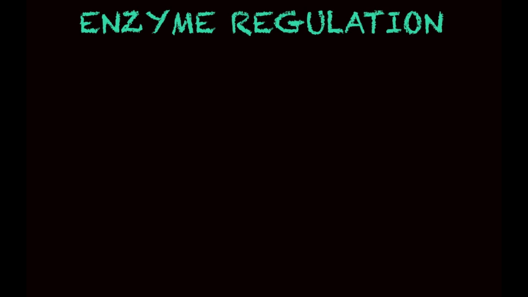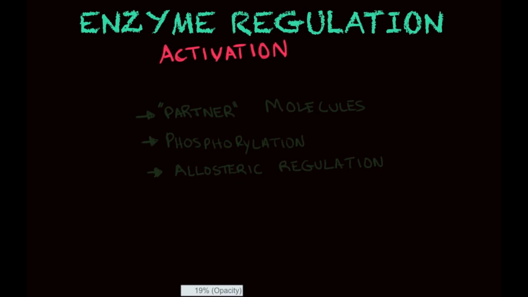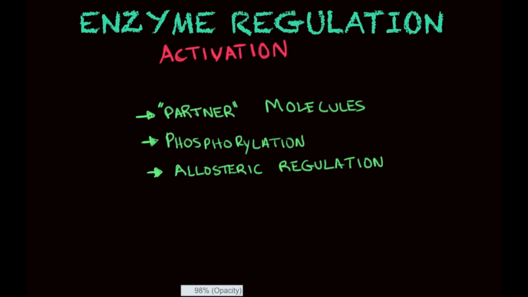After learning all those concepts of how enzymes can be regulated, now we can say that enzymes can be activated or switched on in three ways. The first one is through partner molecules, the second one is phosphorylation, and the last one, allosteric regulation.